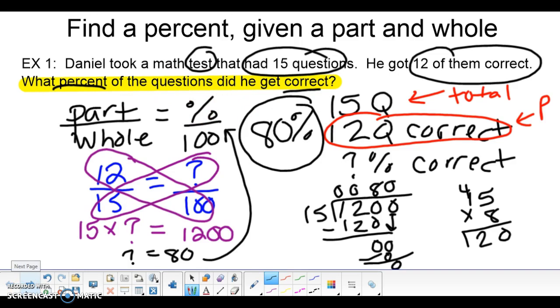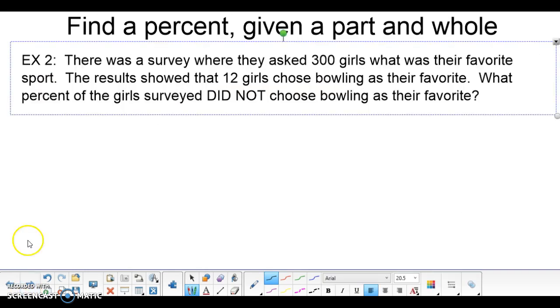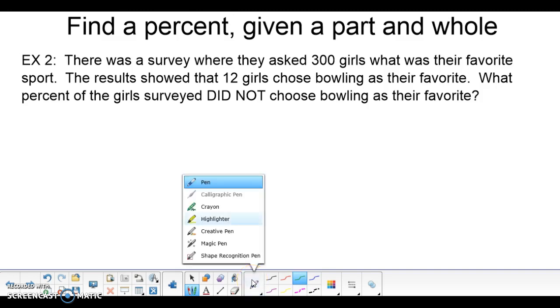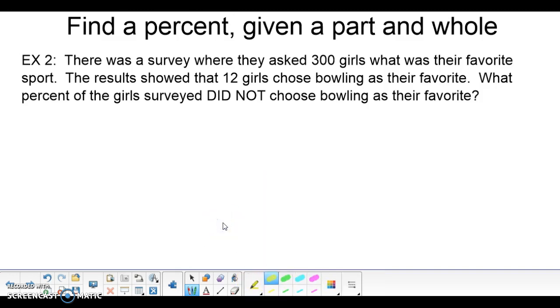Alright, let's go on to example 2. There was a survey where they asked 300 girls what their favorite sport was. The results showed that 12 girls chose bowling as their favorite. What percent of the girls did not choose bowling as their favorite?